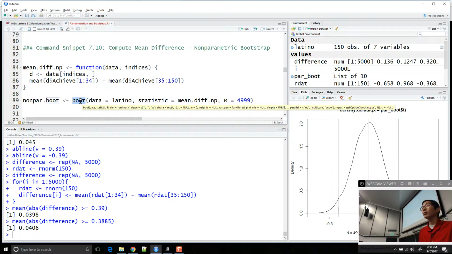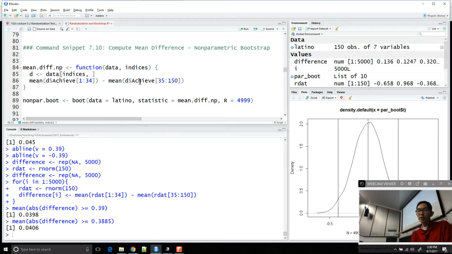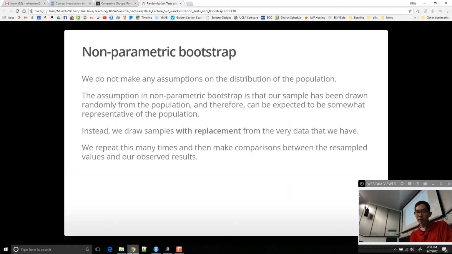You will probably get some of the cards more than once, and some cards will not be selected at all. It's very unlikely when you sample with replacement to end up with a full deck of 52 cards. So sampling with replacement is the key thing with non-parametric bootstrap.